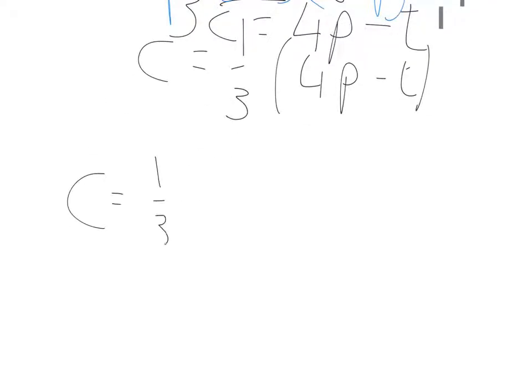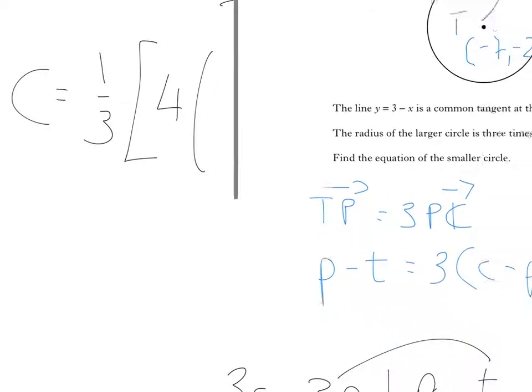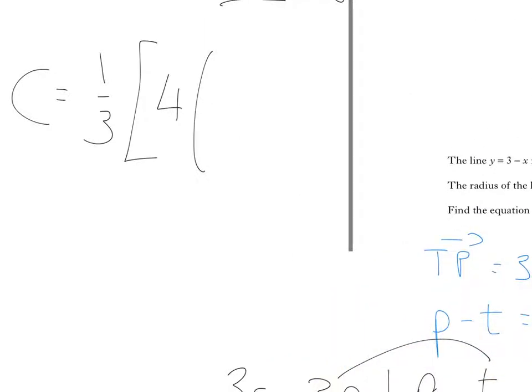C is equal to 1/3 of, so 4 lots of the vector P. So vector P is given by the point P, which, as we can see, is (-1, 4). T was given by (-7, -2), so I'm going to feed that back in.